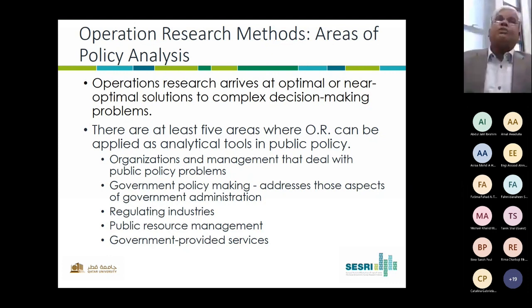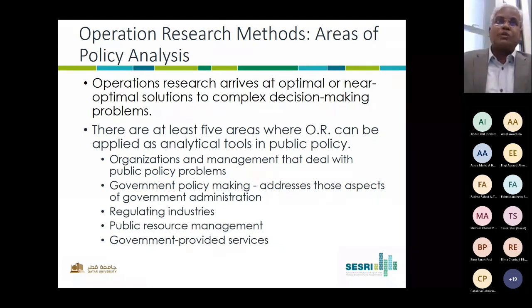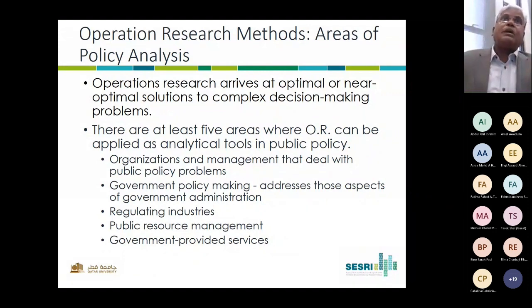And the fourth area of policy analysis where operation research methods can be used is public resource management: how to efficiently use public resources, maximally use public resources, avoid wastage, etc. The models can be adopted to effectively plan for implementing public resource management in public services.